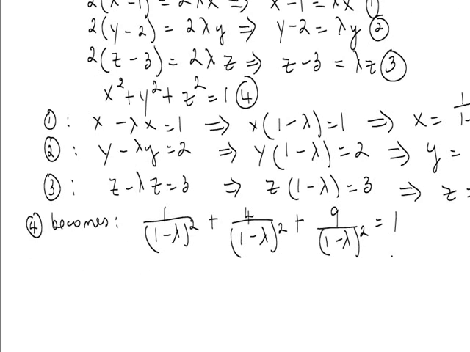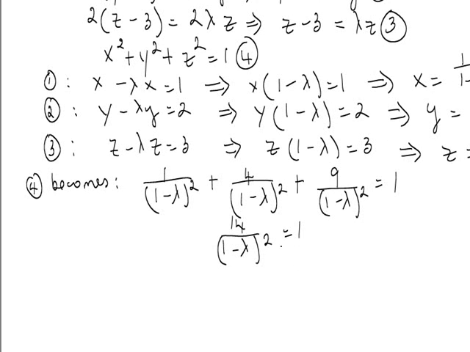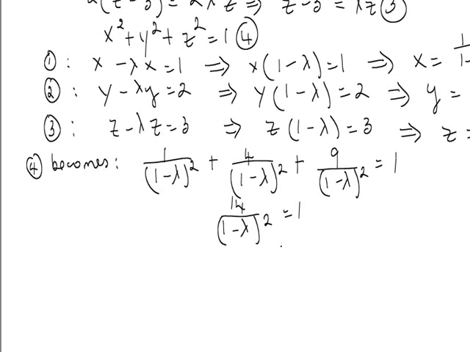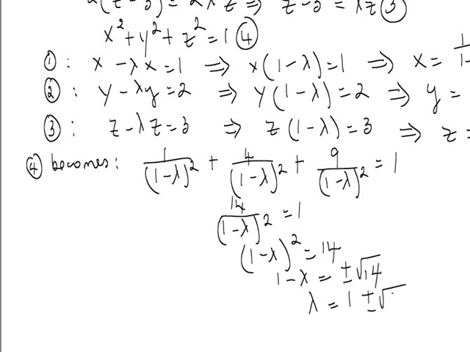Simplify all of that on the left. 1 and 4, 5, 5 and 9, 14. 14 over 1 minus lambda all squared is 1. Cross multiply. 1 minus lambda squared is 14. Square root of both sides, 1 minus lambda is plus or minus square root 14. And so lambda is 1 plus or minus square root 14. So we have lambda.